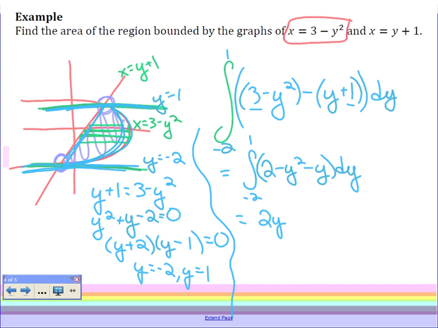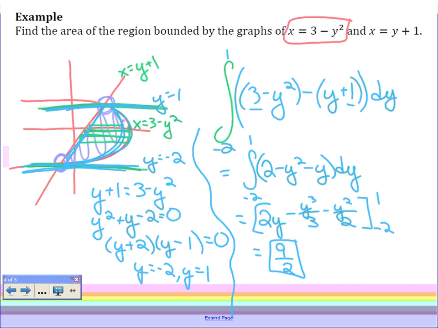Just like if it was 2 with respect to x, it would be 2x, so now it's just 2y. So 2y minus y cubed over 3, sorry, minus y squared over 2 between negative 2 and 1. And if I plug it in, oh my goodness, it's a miracle. It is also 9/2.